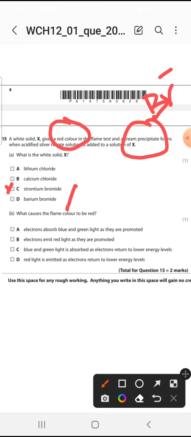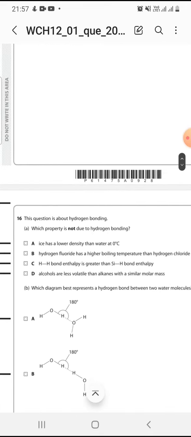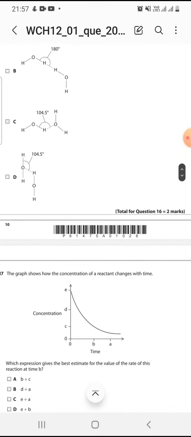Only when they come back do they emit light. So the answer would not be absorbing: electrons emit red light as they come back, not as they are promoted. Yes, the answer will be D. Right, question 15 is over. We'll go to question number 16.